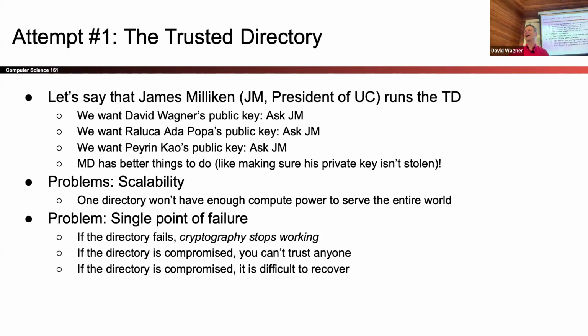So it's kind of asking a lot of the president of UC to do this. But it's a little closer in the context of one organization. It's sort of closer to being imaginable because it's more local, or we have more relationships. I have more of a relationship with the president of UC than some random company.